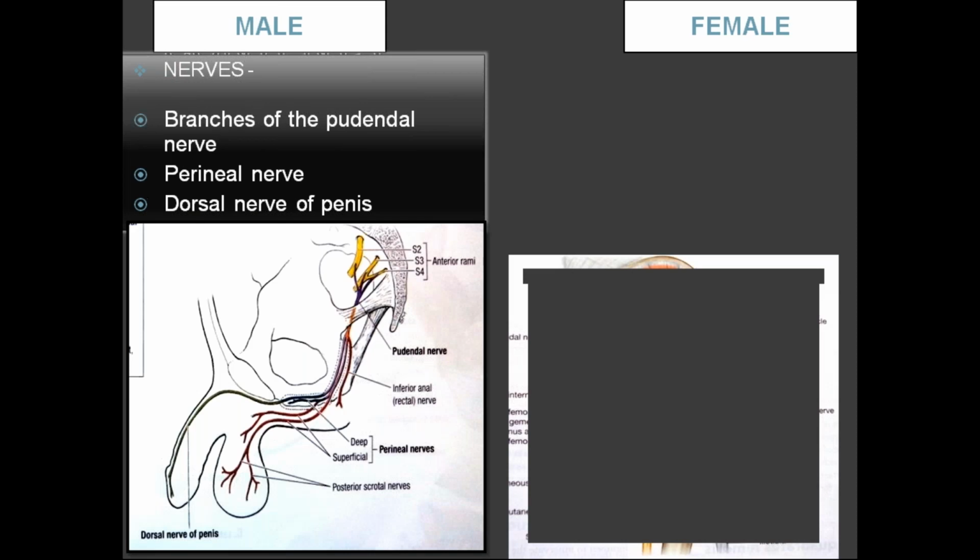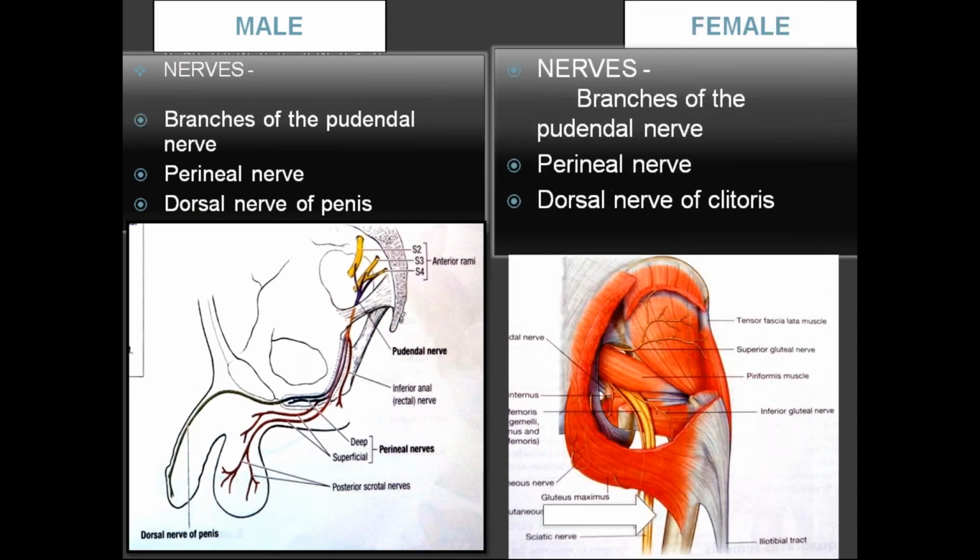What nerve is situated in superficial perineal pouch? So in case of male, branches of pudendal nerve are namely perineal nerve and dorsal nerve of the penis. In case of female, perineal nerve and dorsal nerve of the clitoris.